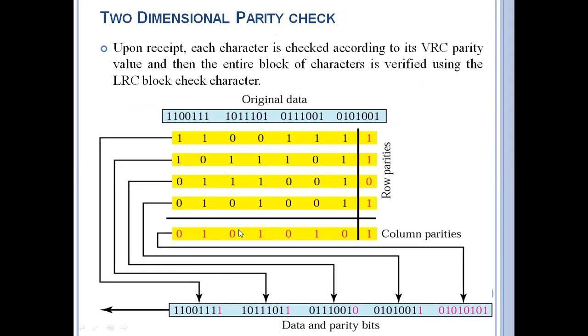This is the XOR operation, the addition of all these 4 frames. This is also odd parity, so 1 is added. Now this is the data along with the parity bits: frame 1, frame 2, frame 3, frame 4, and the XOR of all these 4 frames along with the parity bits.